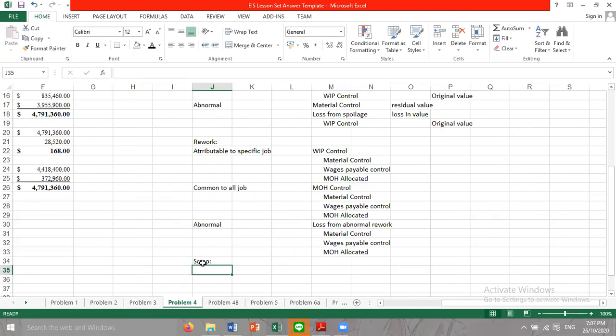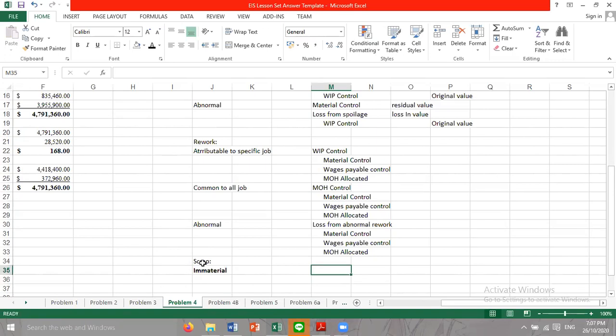If a scrap is immaterial, if we assume that the value of the scrap is not significant at all, we just recognize the scrap at the time of sale. It's as if we just sold something from our scrap.